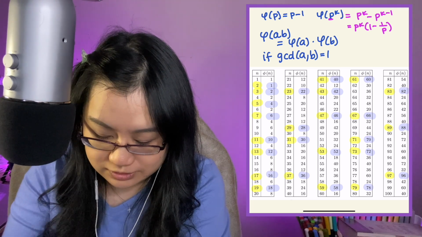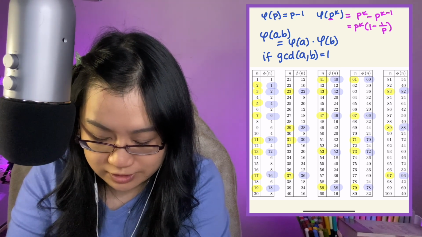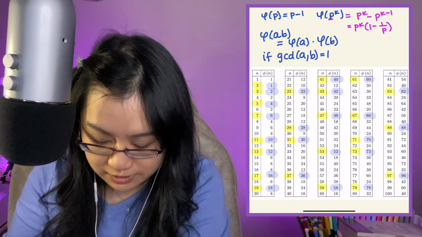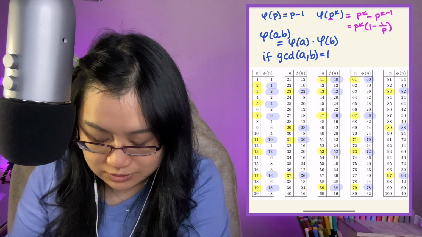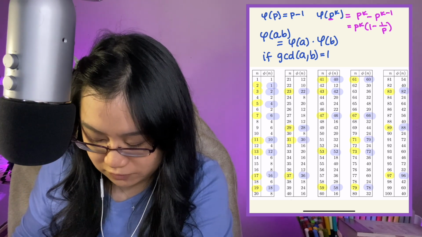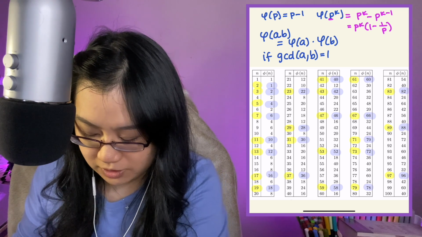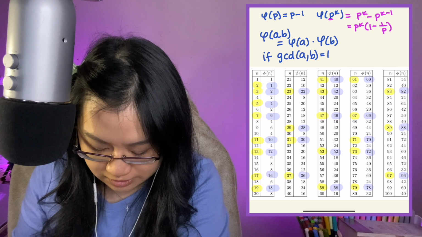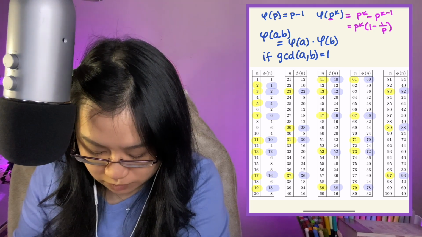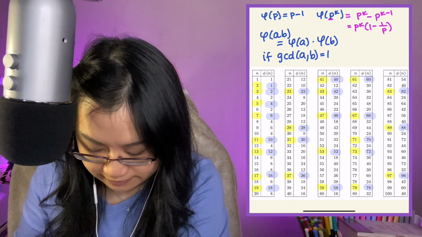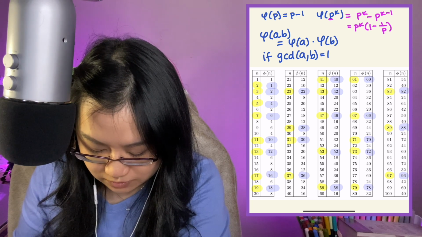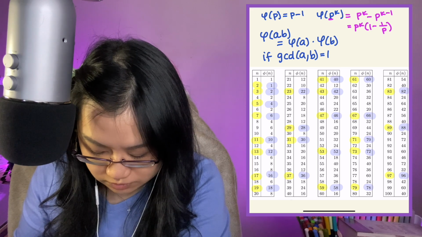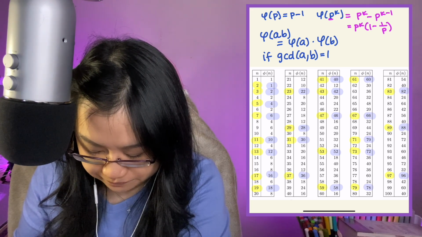So let's see if we can note that here, or have an example here. So I need two numbers that are relatively prime, and then hopefully we can confirm from 1 to 100. So we want their product to be less than 100. So let me see if I can just come up with one.